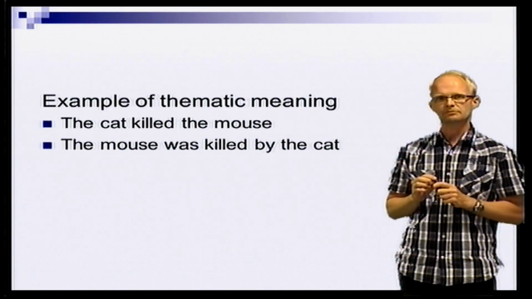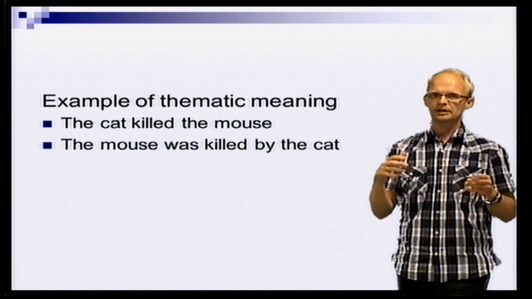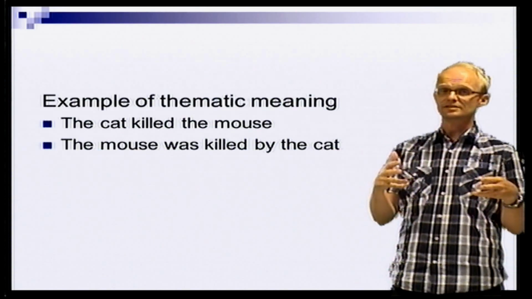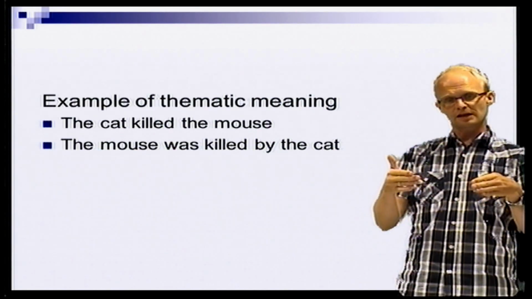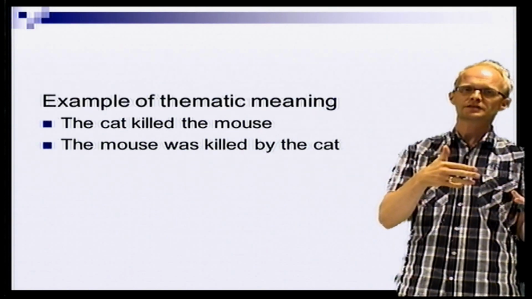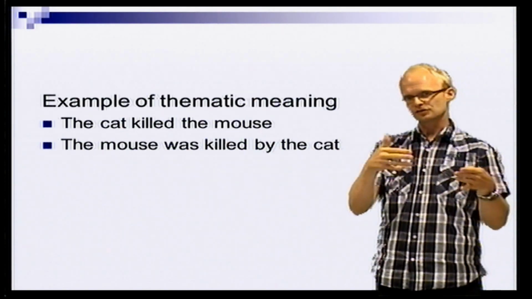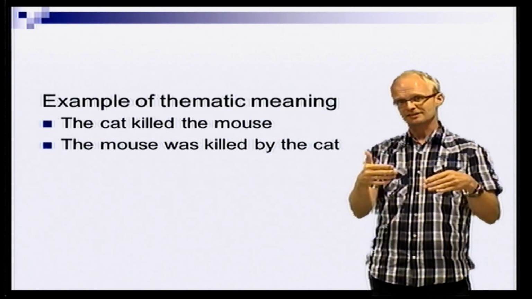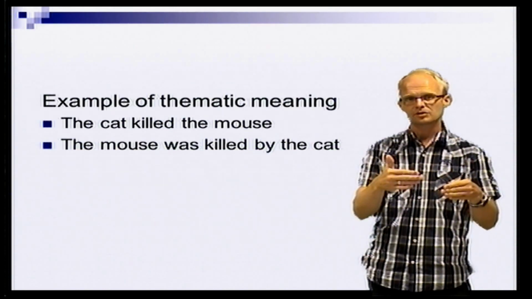The sentences basically mean the same, but the emphasis is different. In the first sentence, the focus or the emphasis is more on the fact that it was the cat which killed the mouse.